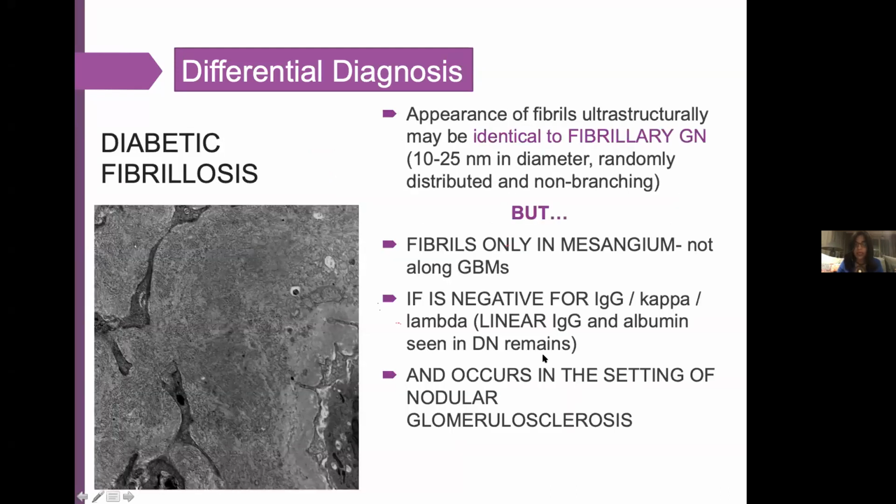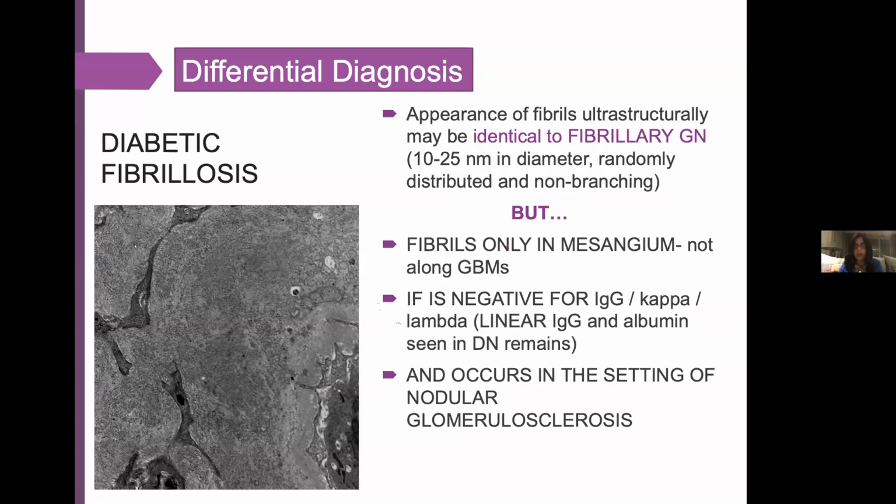More importantly is diabetes. Diabetes is a fibrillary disease. Diabetic fibrillosis: in diabetes, you get the appearance of fibrils. Ultrastructurally, they are identical to fibrillary glomerulonephritis. They have the same size, 10 to 25 nanometers in diameter. They're randomly distributed and non-branching.